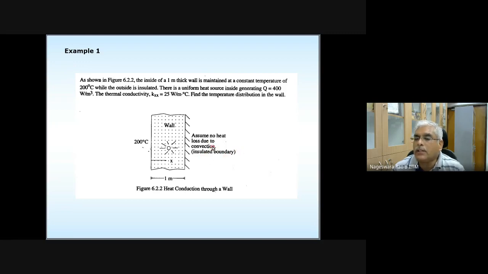Insulated boundary. There is no heat loss. If the temperature on this face is 200 degrees centigrade, what is going to be the temperature on this face or across the wall? And this is going to be a one-dimensional problem, because heat is going to flow from this face to this face only along this direction.